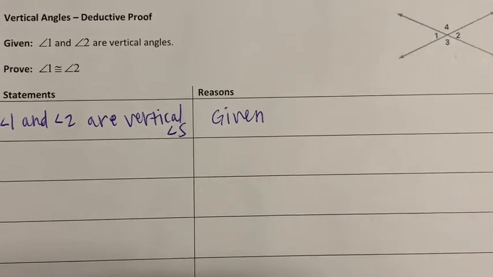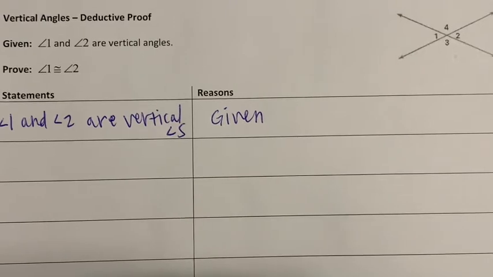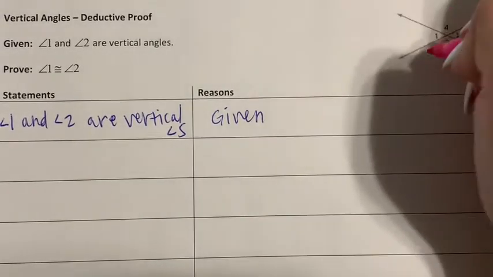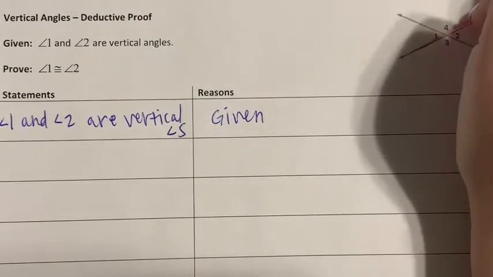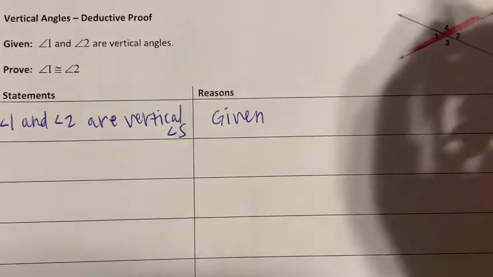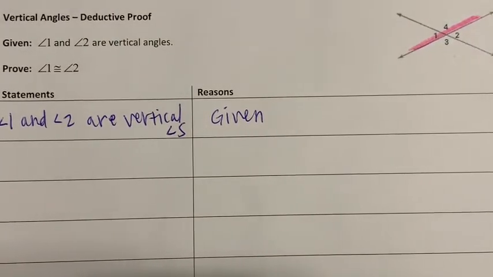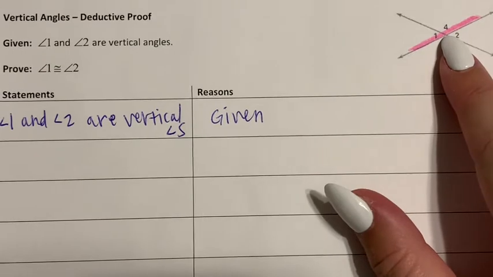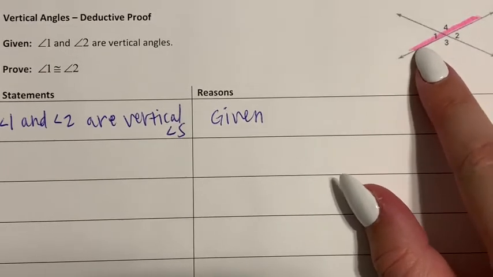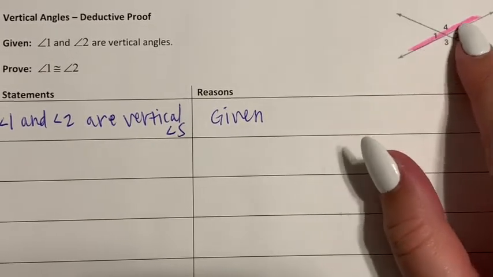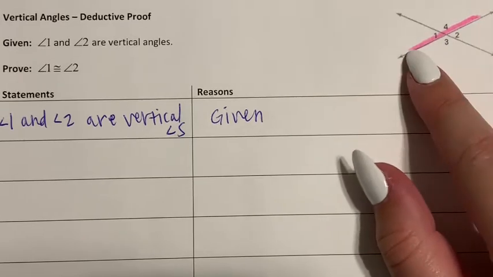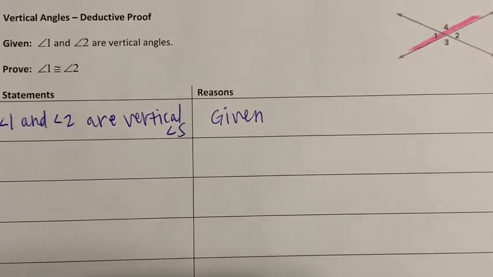I see something right away that I could say. I could say that when angles here form a line, like for example, angles 1 and 4 here are forming a straight line, I know what they're going to add up to. We've already learned about this. These would be supplementary angles right here, angles 1 and 4, because they form a straight line.